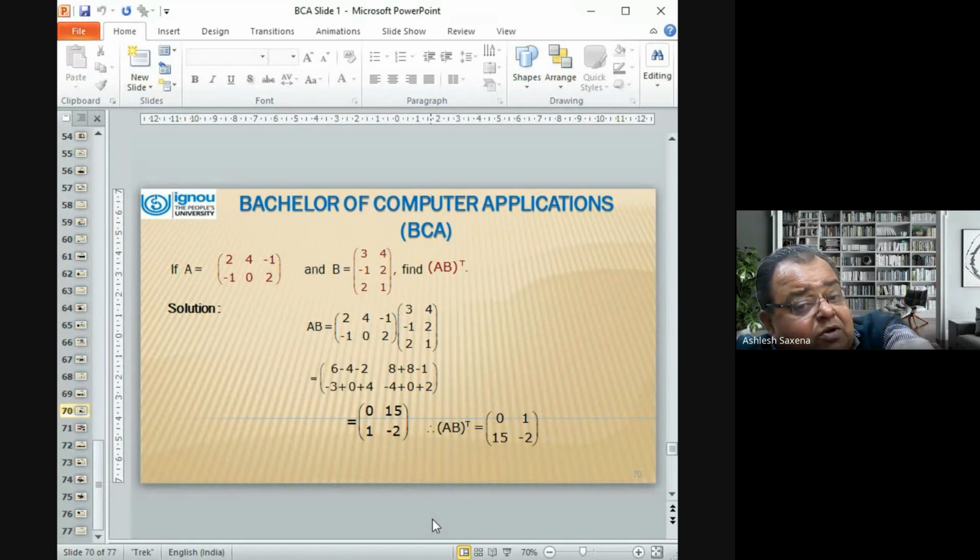And the second row, second column will be minus 1 into 4 plus 0 into 2 plus 2 into 1. You will get a 2 by 2 matrix. That will be 0, 15, 1, minus 2. This is AB. And what was asked? (AB) transpose. Just convert rows into columns. It will become 0, 1, 15, minus 2.